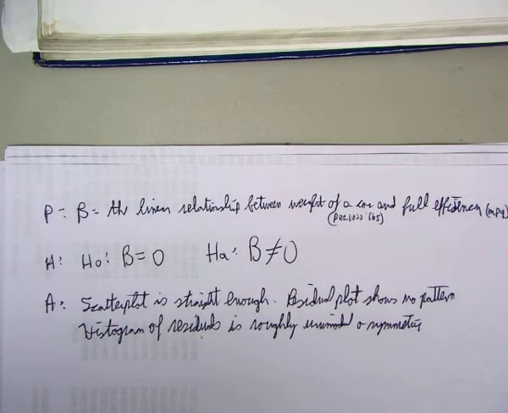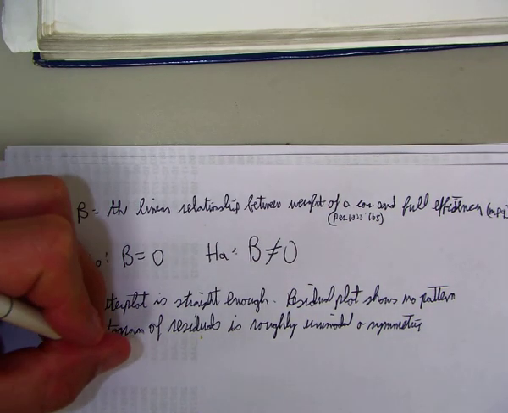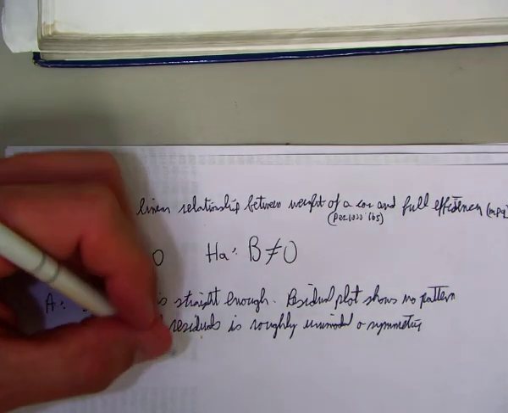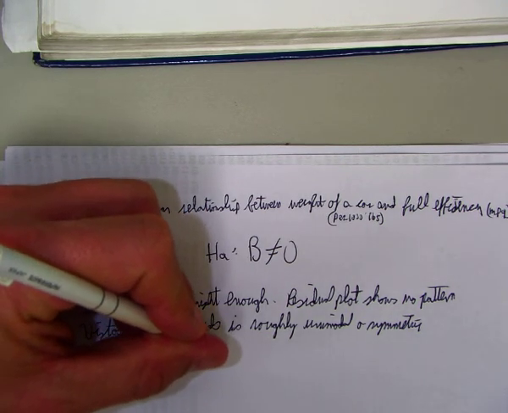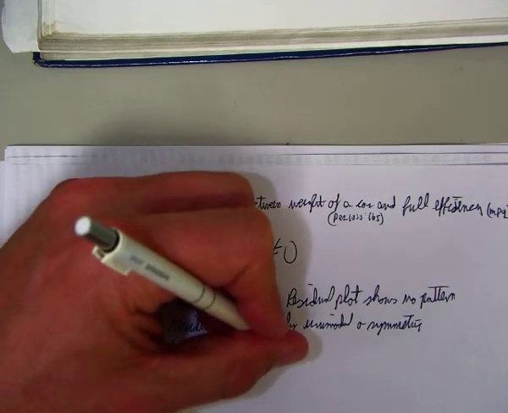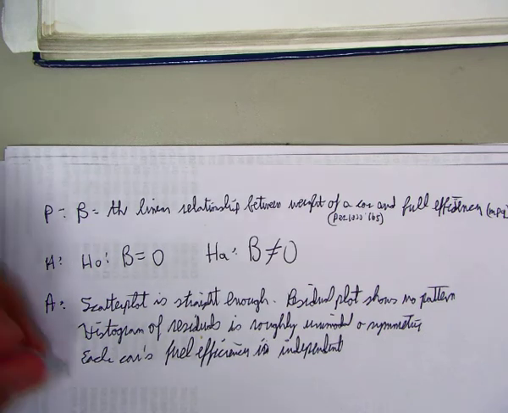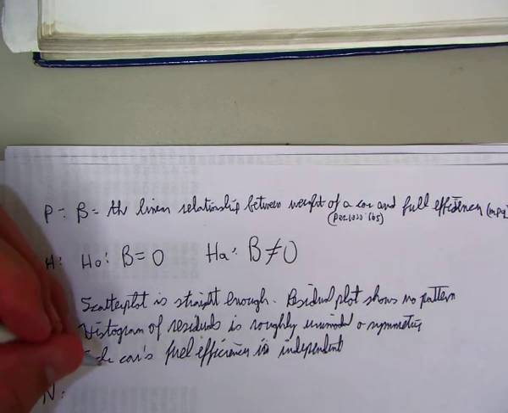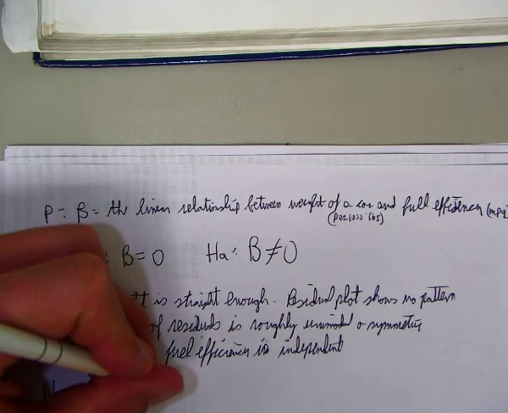And the independence assumption is each car's fuel efficiency is independent. Okay. Name the test. This is a linear regression t-test.